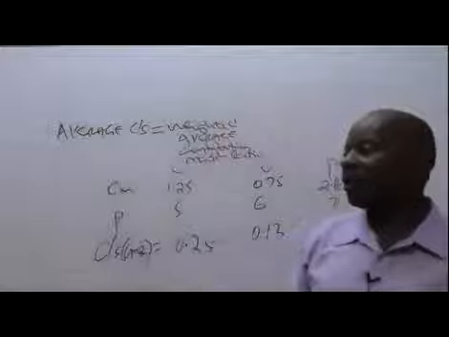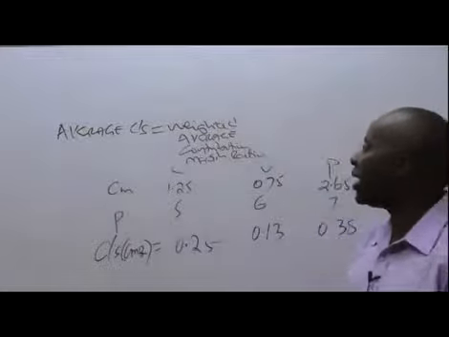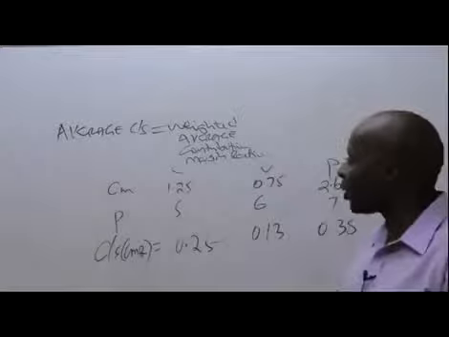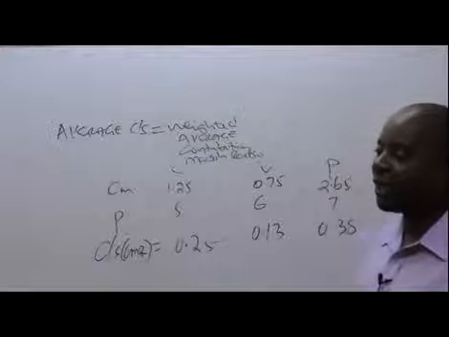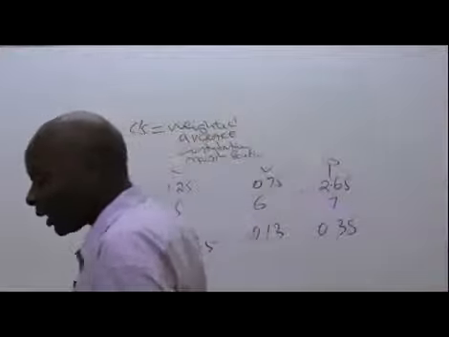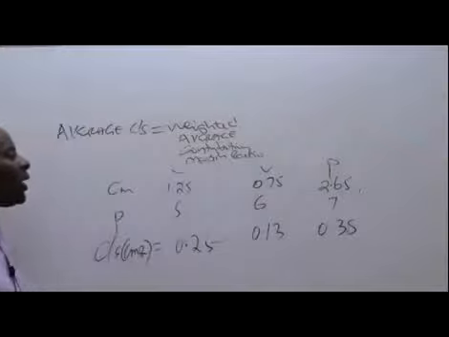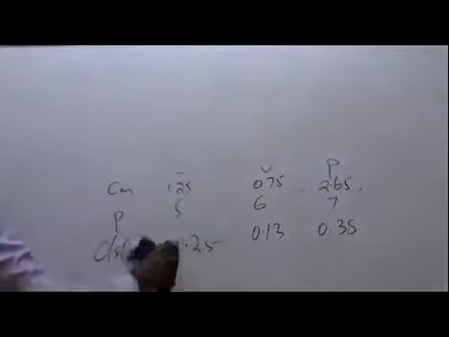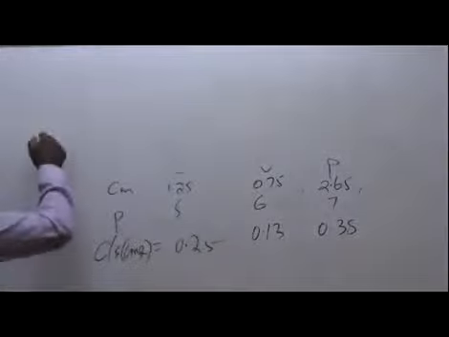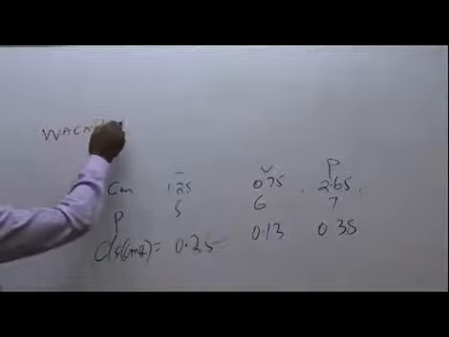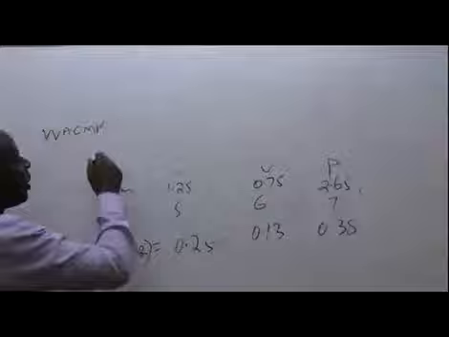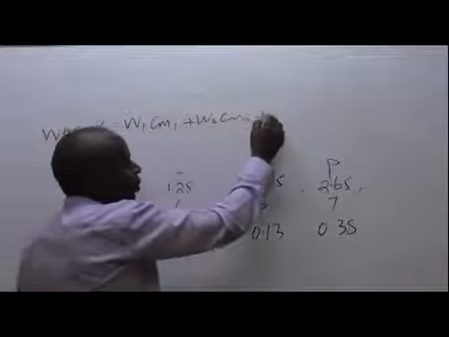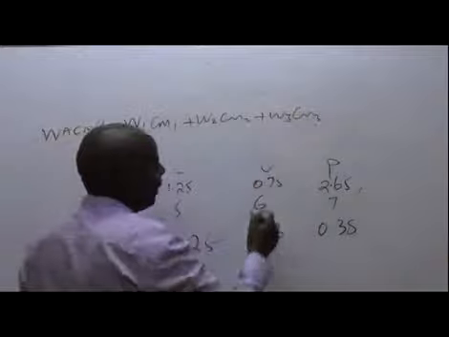So what are we saying? The average CS is the weighted average contribution margin ratio, WACMR. For us to get the WACMR, we have many ways of doing it. The weighted average contribution margin ratio is weight 1 times contribution margin 1, plus weight 2 times contribution margin 2, plus weight 3 times contribution margin 3.